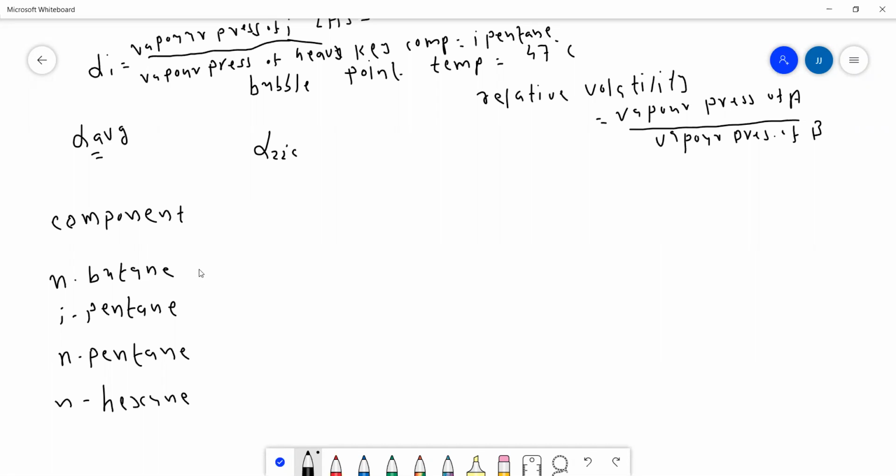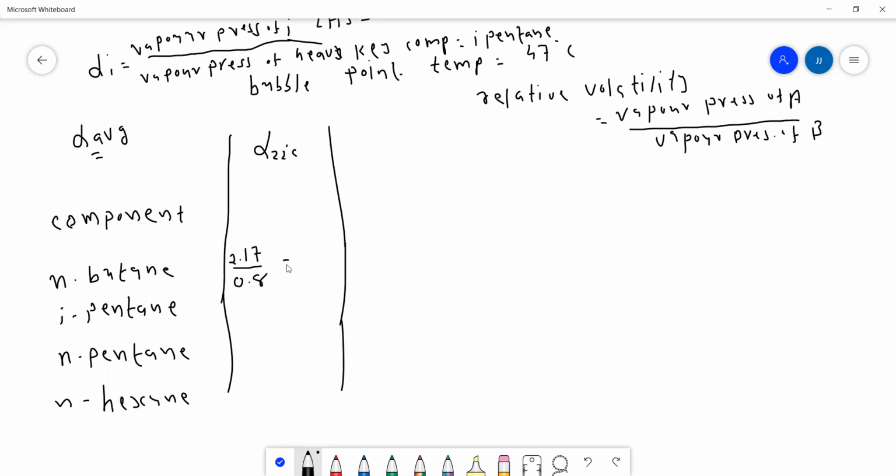So here alpha at 22 is equal to the vapor pressure of N, 2.17 atmosphere, divided by the heavy key component, whose vapor pressure is 0.8 atmosphere.